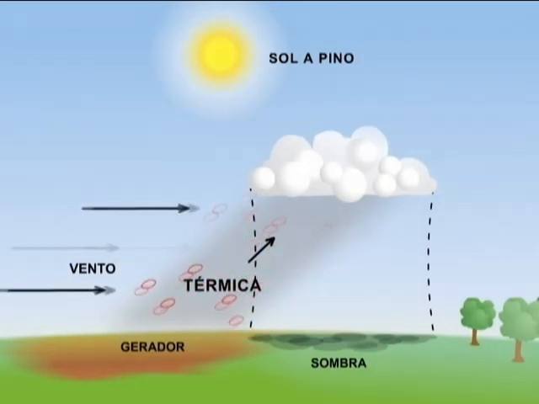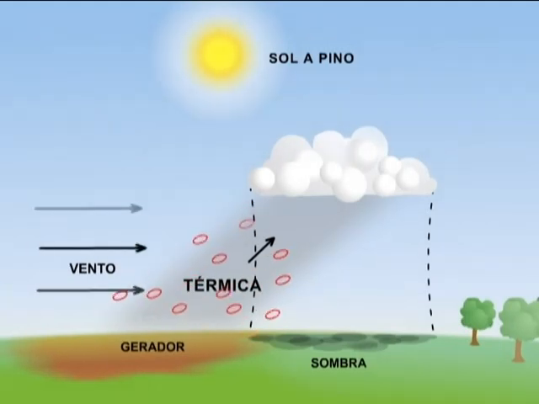The cumulus is going to be formed off to the side of the trigger, the generator of the thermal. That is, this is a cumulus that tends to have a longer life cycle because it's going to project a shade on the neighboring area of the generator, and in this way will even potentialize the force of that thermal that generated the cumulus. This is an example of a cumulus that's going to last longer.